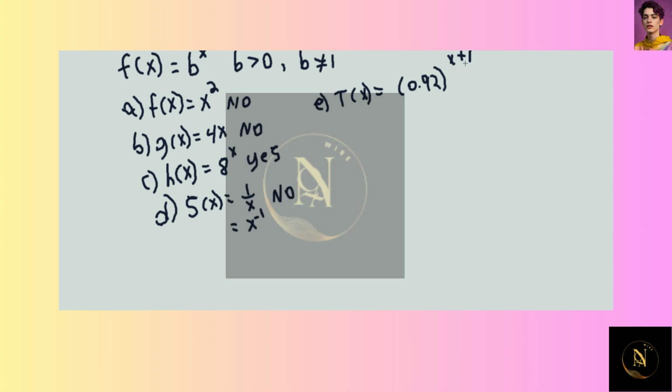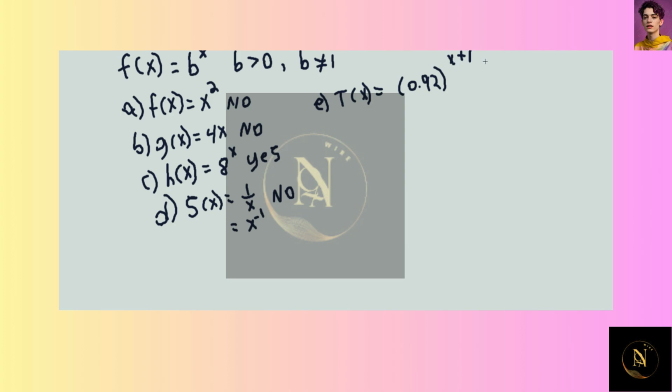That might look different to you than just, it's not just to the x, but you can have an expression here. I mean, really, x is a variable. X plus 1 is a variable too, because it depends on what x is. So just because this is an expression in my exponent, the fact that my variable is still in the exponent makes this an exponential function.